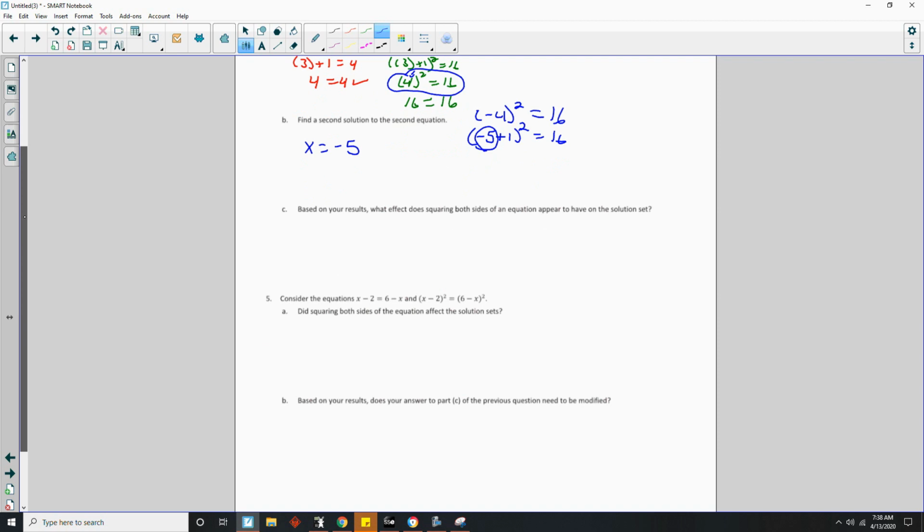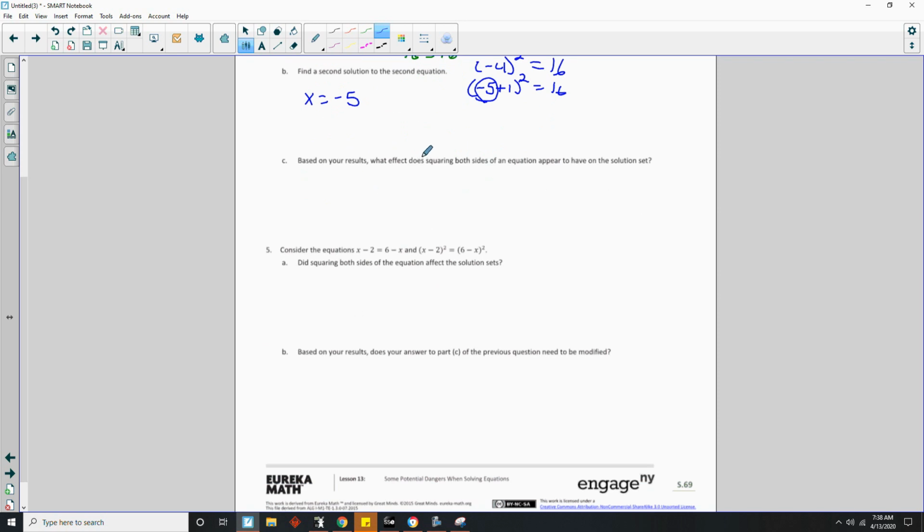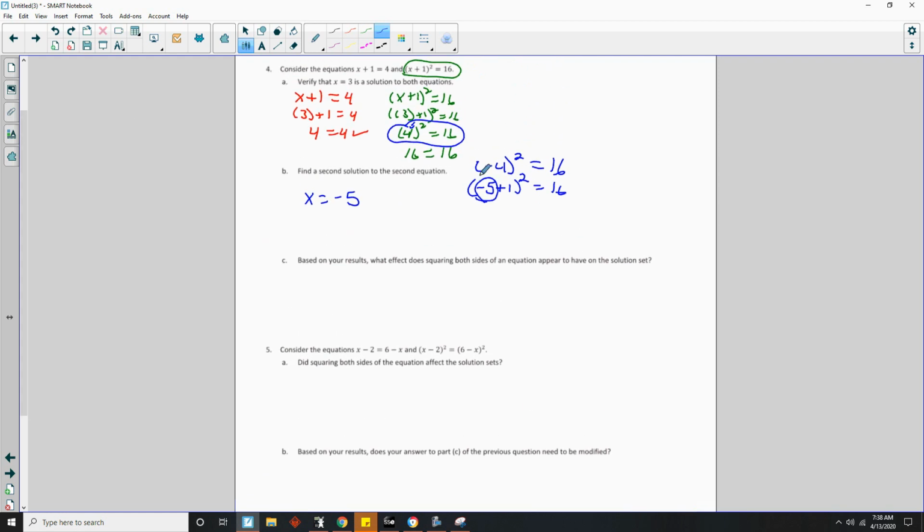Part C says, based on your results, what effect does squaring both sides of an equation appear to have on the solution set? Okay, so here's my results, and they're asking what squaring both sides does.